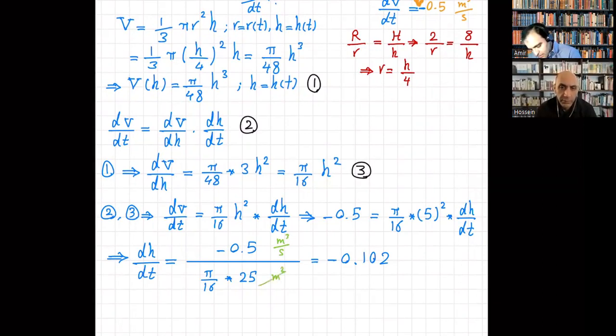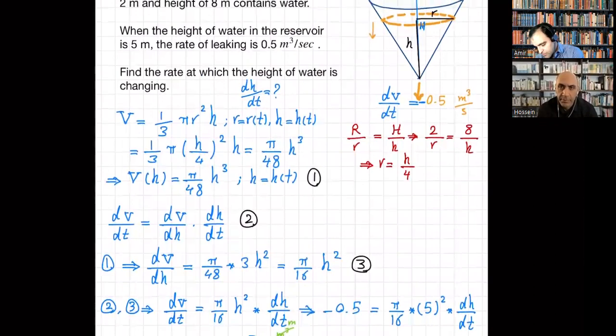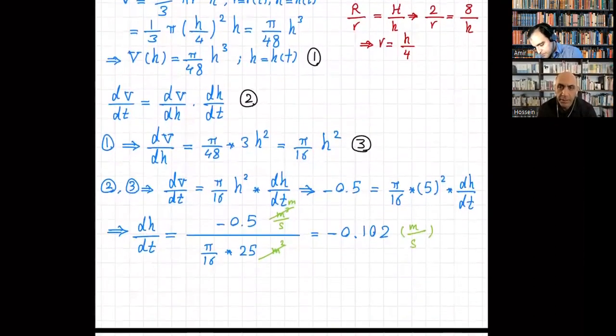So this meter cancelled with one of those, so we have just one meter here. So it is meter per second. Which makes sense, right? It's the change of height with respect to time, so meter per second. Correct. And the negative is because the volume of water is decreasing. Yeah, right.